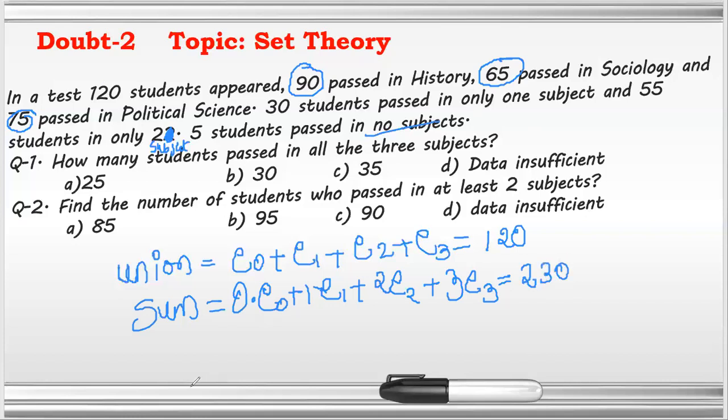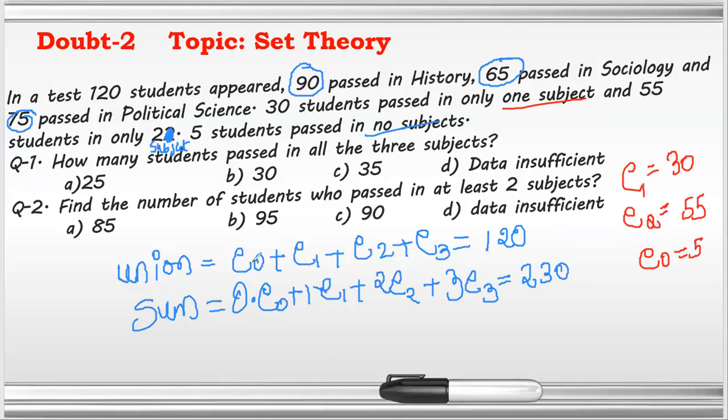Now, what other data is given? For only one subject, E1 is 30. E2 is 55. Also E0: 5 students passed in no subjects, so E0 is 5. Just try and substitute there.